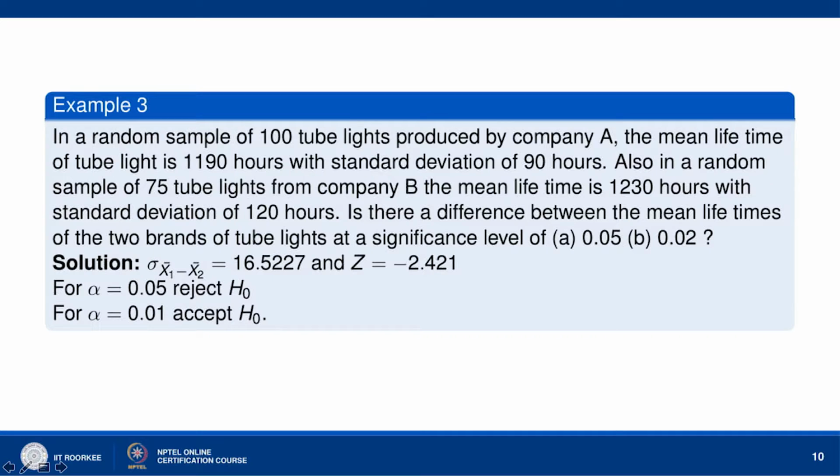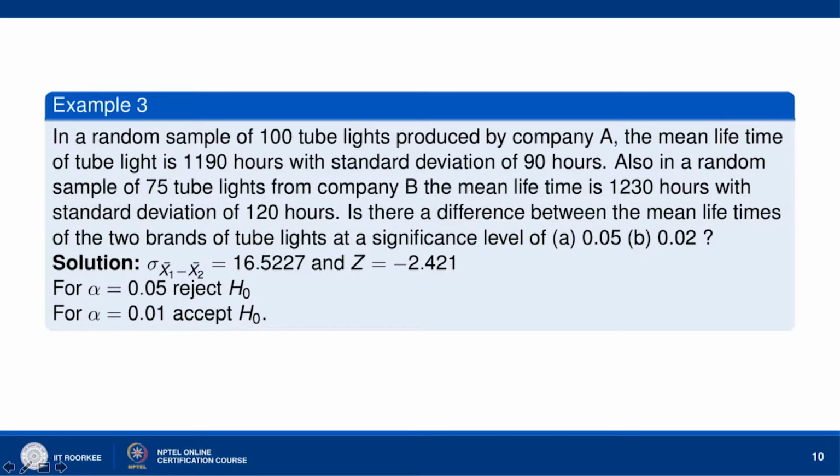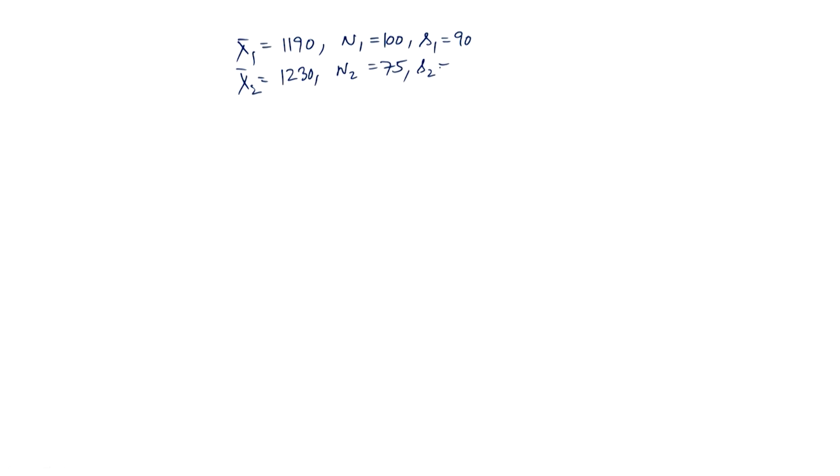Then we have another random sample of 75 tube lights from company B, where the mean lifetime is 1230 hours. So, x2 bar is equal to 1230, n2 equal to 75, S2 is equal to 120 hours, the standard deviation is 120 hours.